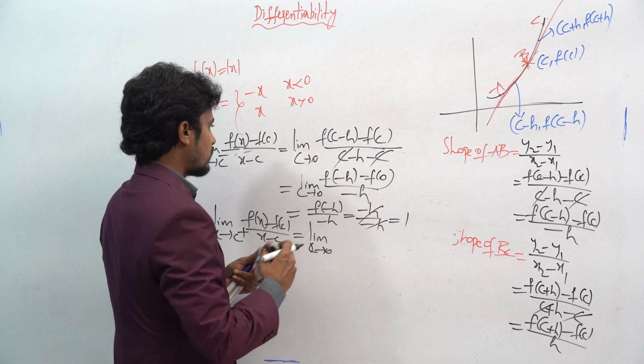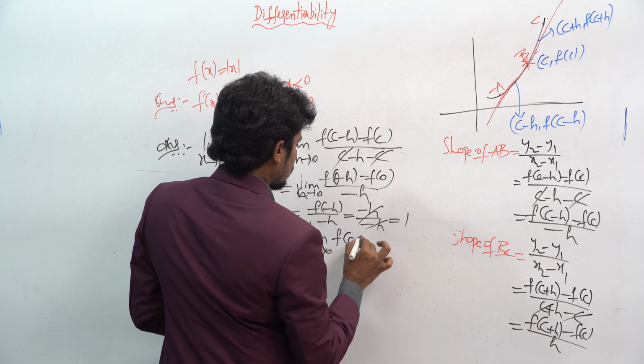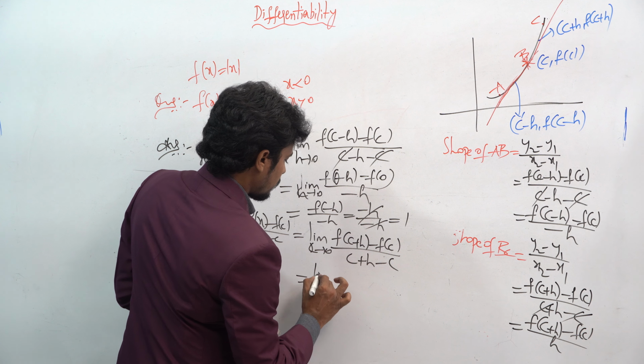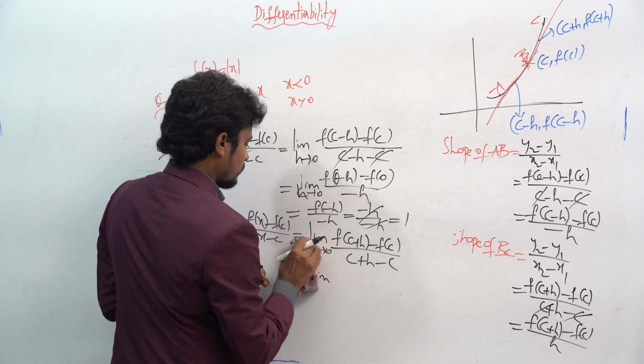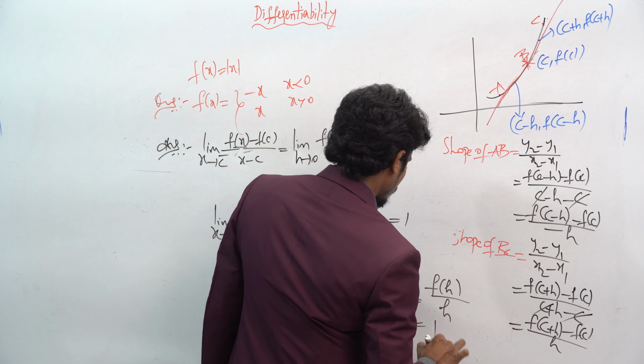For the right hand side, that is f of c plus h minus f of c divided by c plus h minus c. So here this will become f of h divided by h. Okay, this will become 1.